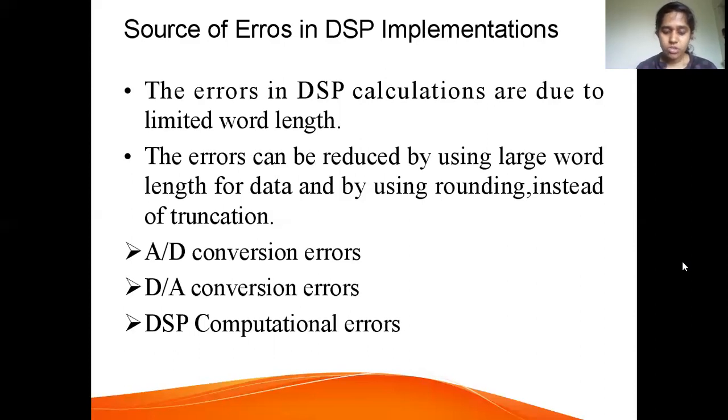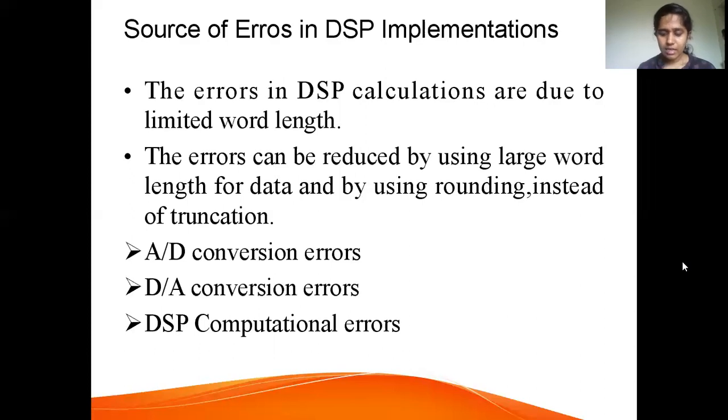You can also observe a rounding off error, as I said, and that completely depends on the step size. The step size is represented by delta. There are many mathematical representations, and a few block diagrams are also given very well in the textbook. You can go through that. In the same way, you will observe DSP computational errors and digital to analog conversion errors.